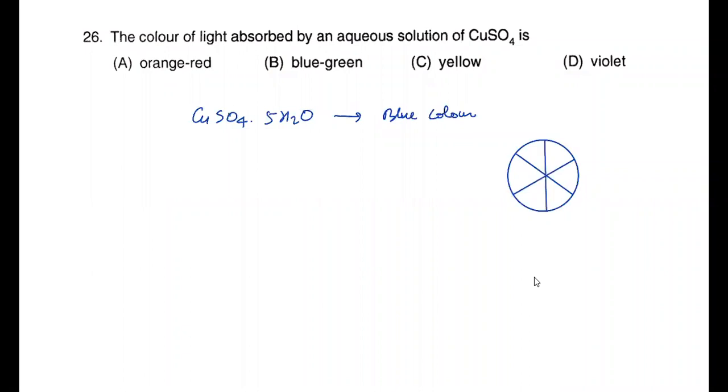So you may write the colors first. And if the color shown is blue, then the wavelength absorbed is the complementary color, and the complementary color is this one.